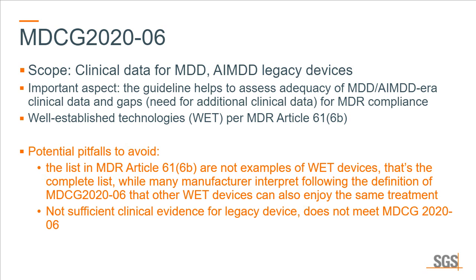So when it talks about screws and wedges and, I don't know, plates or something like that, about different types of implantable devices, indeed, those types of devices, it's a precondition for those devices to be in the list for the MDR Article 61. But it doesn't work the other way around.